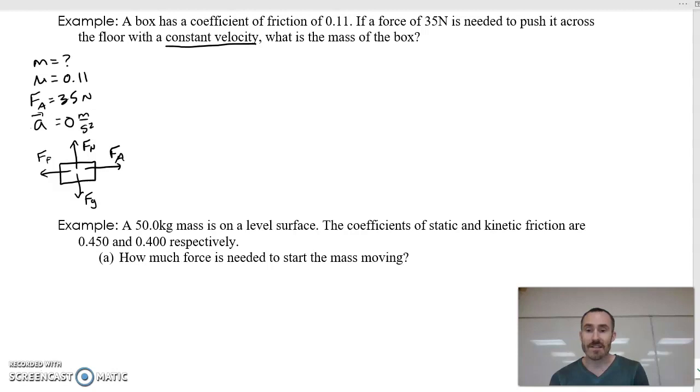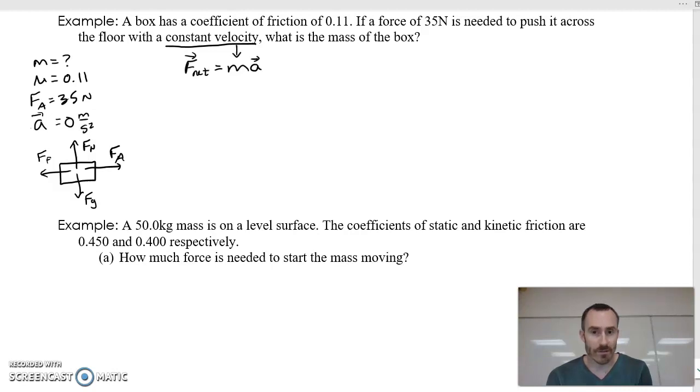So we're looking for the mass. F net equals ma. Okay, here's the mass, right there. That's what we're looking for. So now we need to put in all of the values that we know in order to get that m by itself. So acceleration is 0.